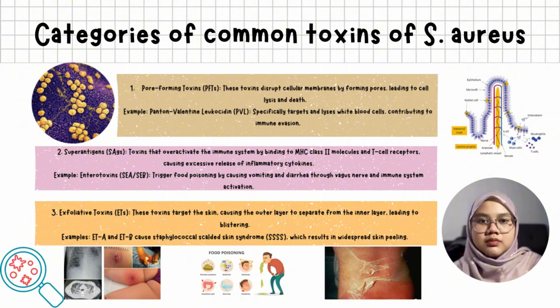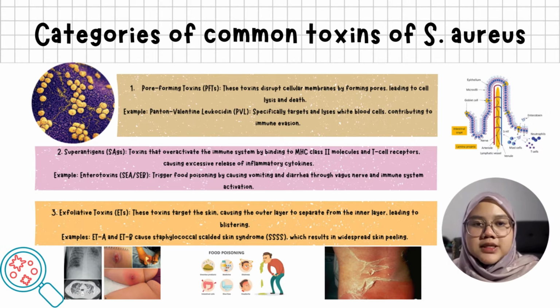Today I will continue this presentation with the common toxins of S. aureus. The first common toxin is the pore-forming toxins, PFTs, that damage the cell membrane by creating pores, causing the cell to lyse and die. For example, Panton-Valentine leukocidin, PVL, targets white blood cells and destroys them to evade the immune system. Second is superantigens, SAgs. These toxins overactivate the immune system by binding to MHC class II molecules and the T cell receptor, causing the excessive release of inflammatory cytokines.